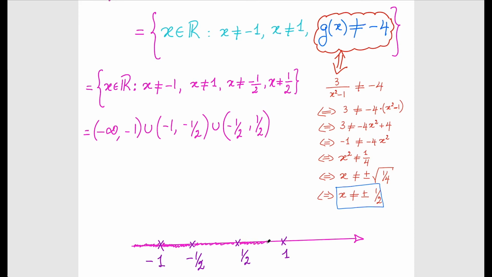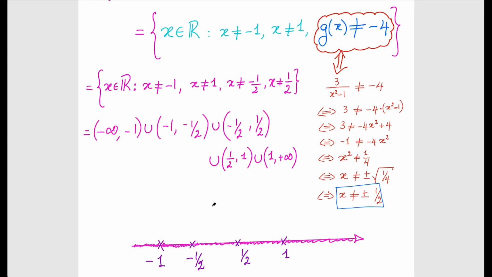And then from 1/2 to 1, so I'm still gonna adjoin them. 1/2 to 1, and then from 1 to plus infinity. Correct? This is the set written in interval notation.